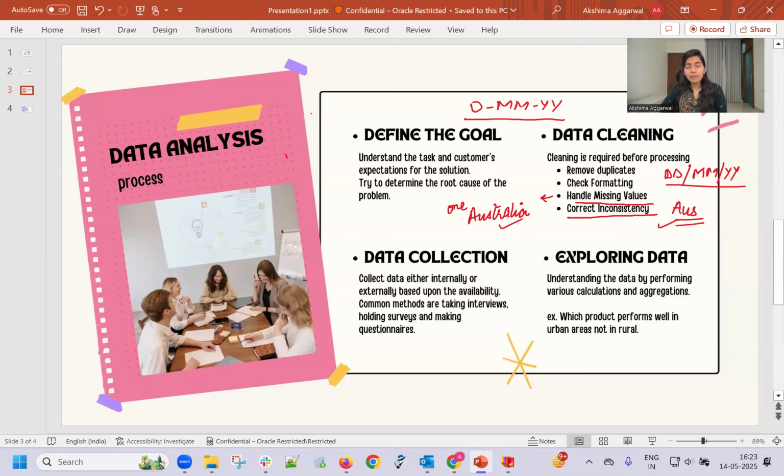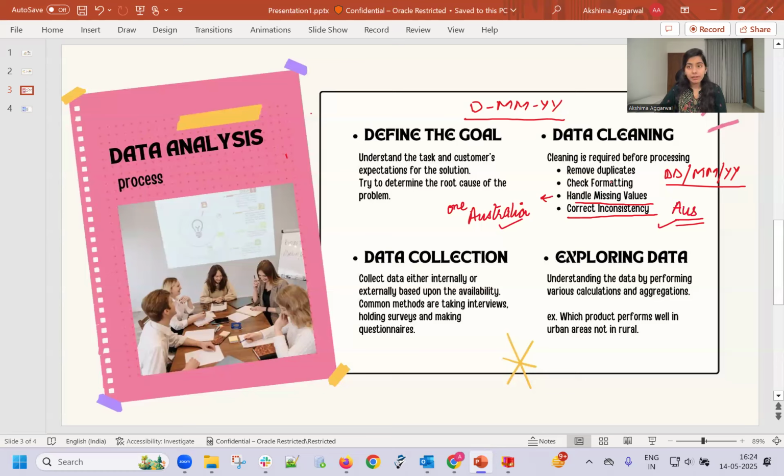And the fourth step is exploring the data. So we need to understand the meaning of the data. How do we understand? By performing calculations and various aggregations, so that we are able to take out the key insights from the data.